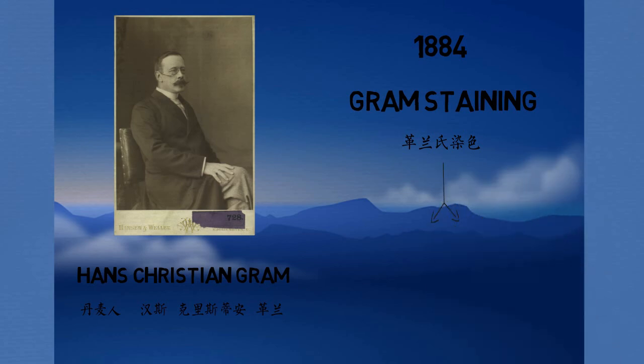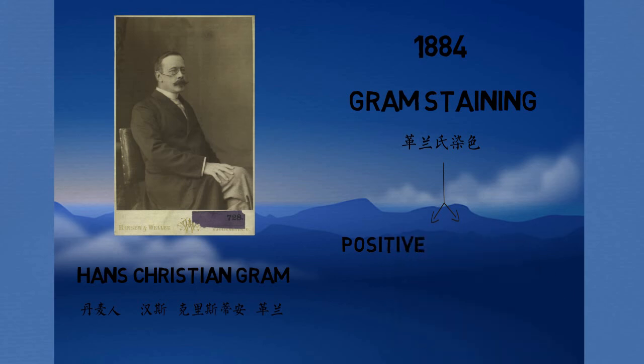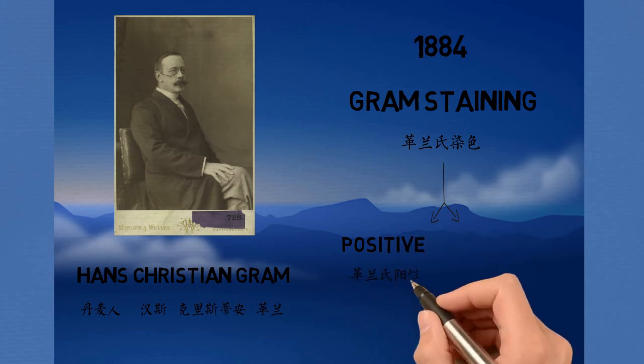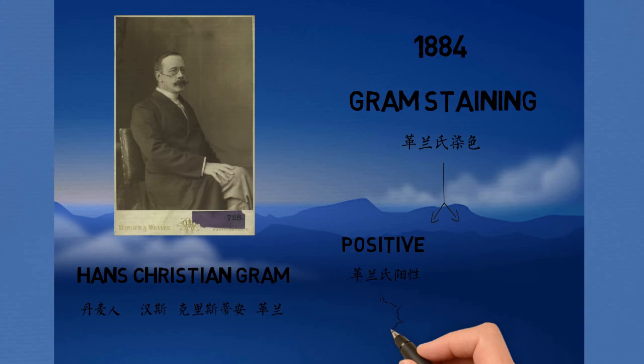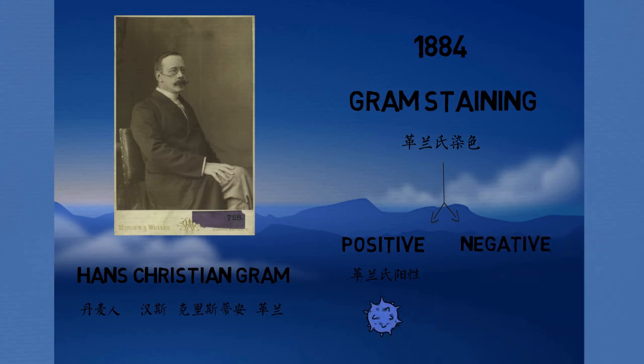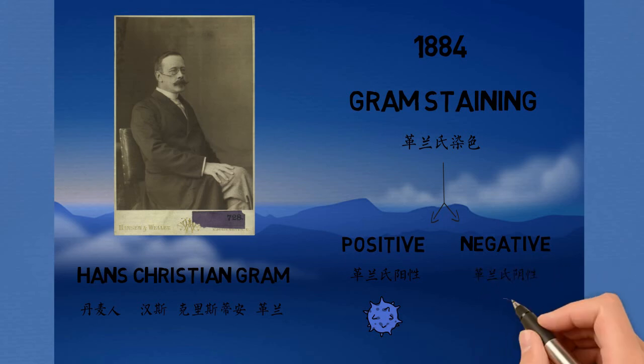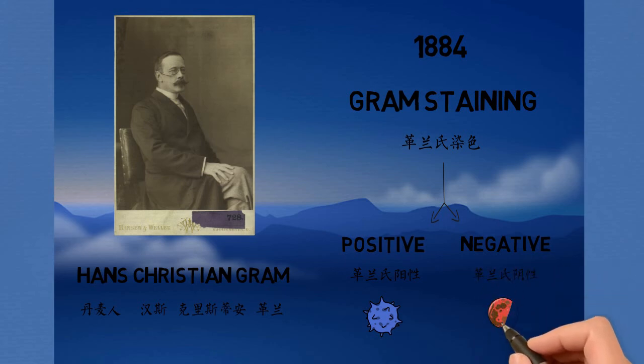Originally used to identify the relationship between pneumococcus and Klebsiella pneumonia, it was later promoted as one of the important characteristics to identify the type of bacteria. It is widely used in the clinical diagnosis and treatment of diseases caused by bacterial infections.